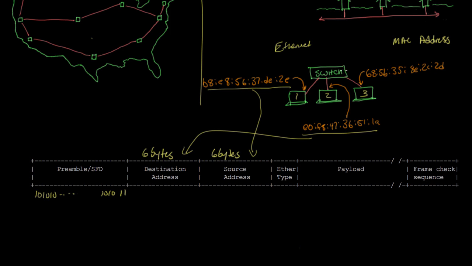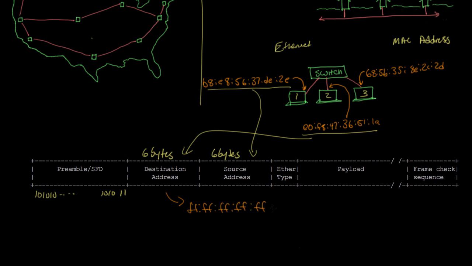If the switch doesn't know about computer 2, then it'll forward the frame to all of the other computers, and then computer 3 can just go ahead and ignore it. Alternatively, if computer 1 wants to broadcast data to all the other computers on the Ethernet network, it can set the destination address to a special broadcast address, which is all ones, or in hex, all Fs like this.